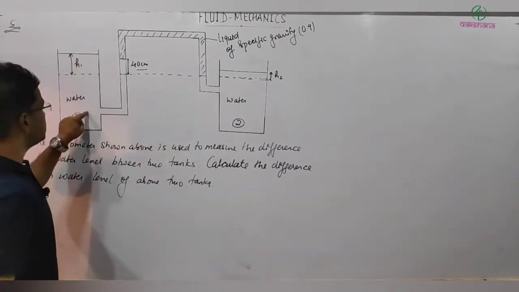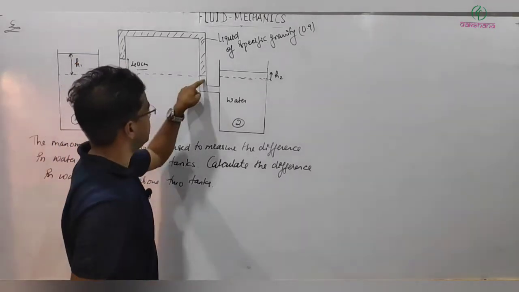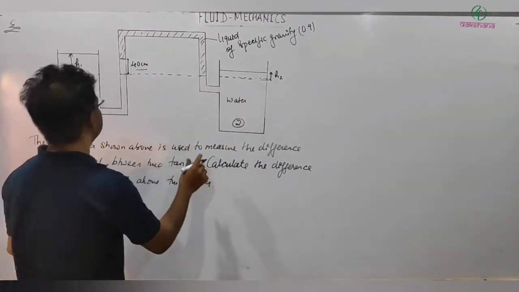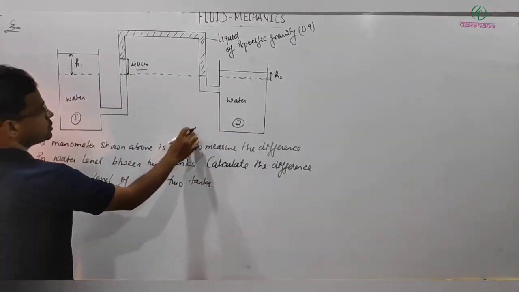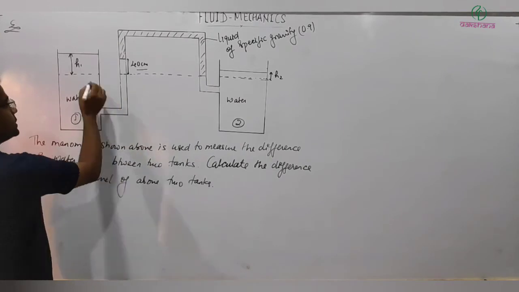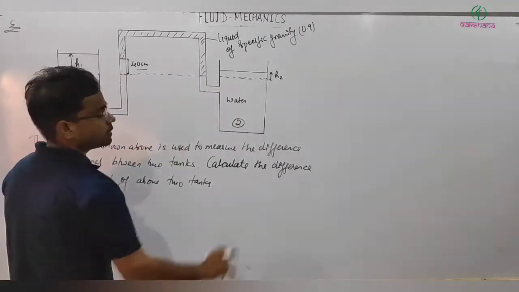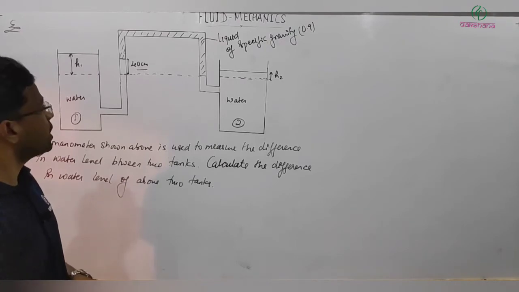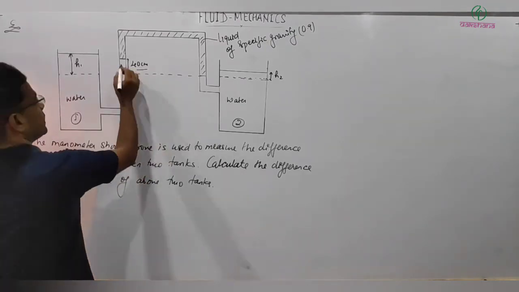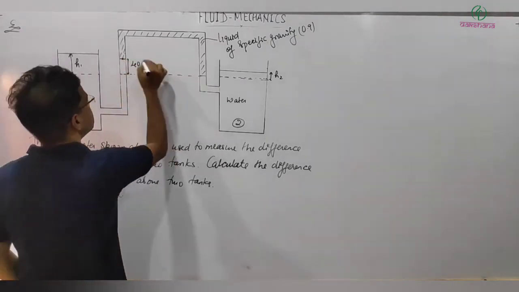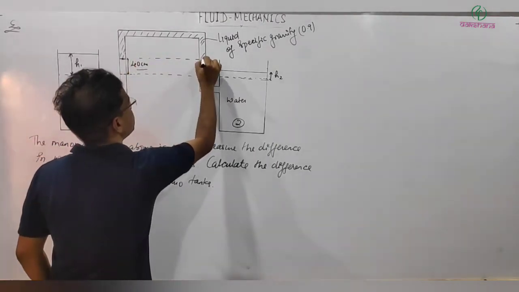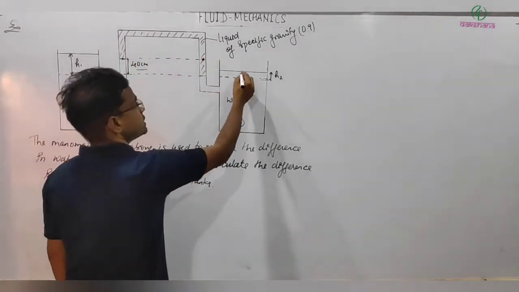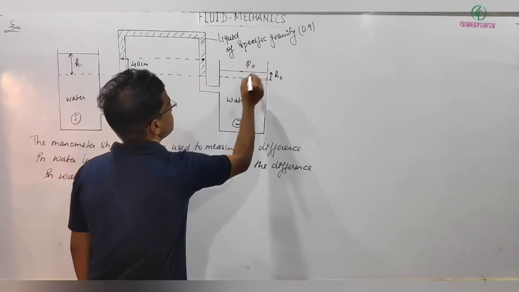So first thing is this is water up to here, water. So in this situation, at this level the pressure will be like what? Same? Not exactly. These are basically 2 points. Because this is open to atmosphere, so P0.